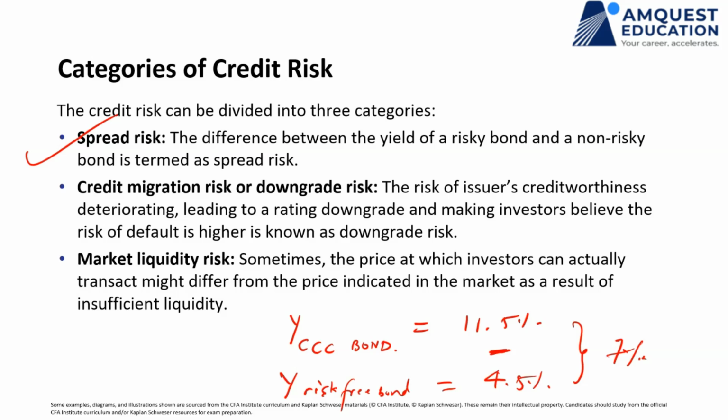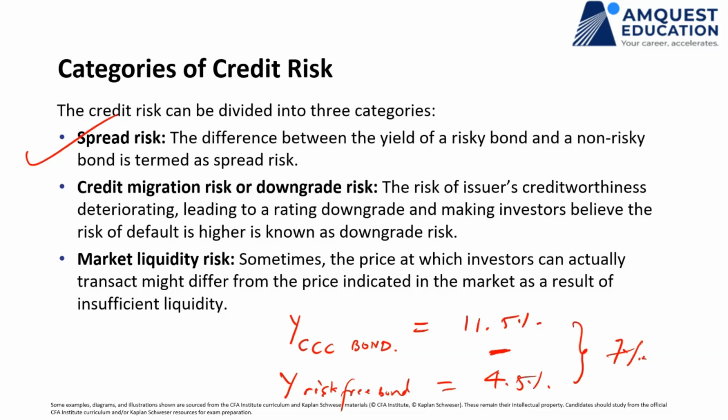Then there is a market liquidity risk. Sometimes the price at which investors can actually transact might differ from the price indicated in the market as a result of insufficient liquidity. And this happens even in equity markets, right? You want to sell a security, but there's no major liquidity. Then by the time you place your order, the price at which your order gets executed may be different.